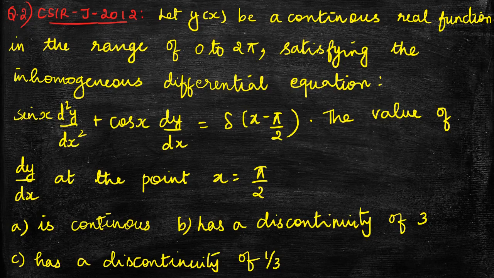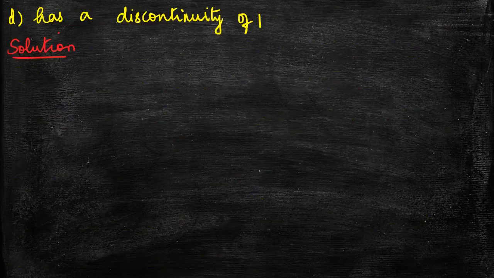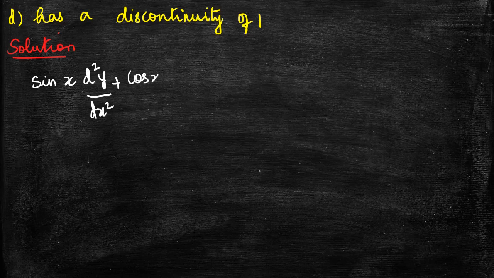So first, basically, we are going to solve this question and find dy by dx at point x is equal to pi by 2. So for that, we have our equation, which is, now this equation does not satisfy any kind of equation that we know, right?